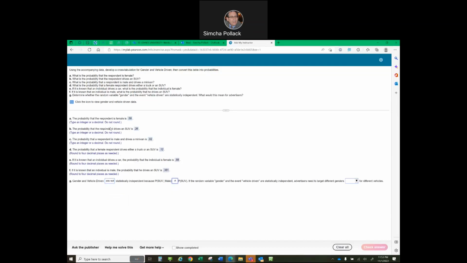The way you write this down is the probability that he drives an SUV given that he's male. This is the symbolic way of saying it. The chance that somebody drives an SUV is up here, 0.26. So this number, 0.381, is different from 0.26.